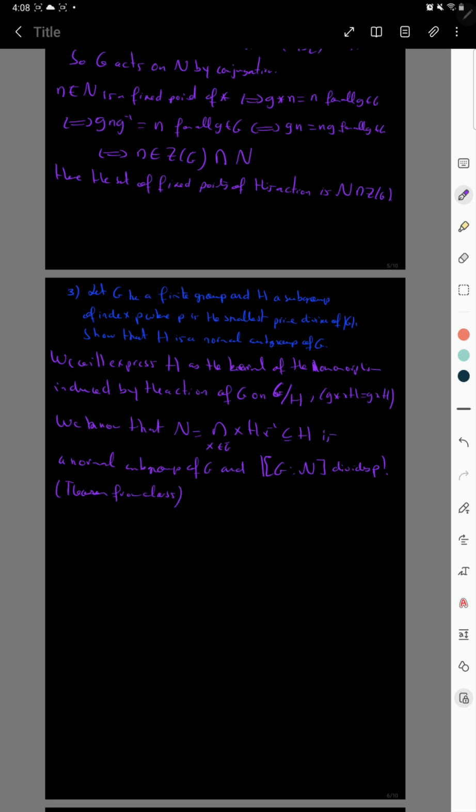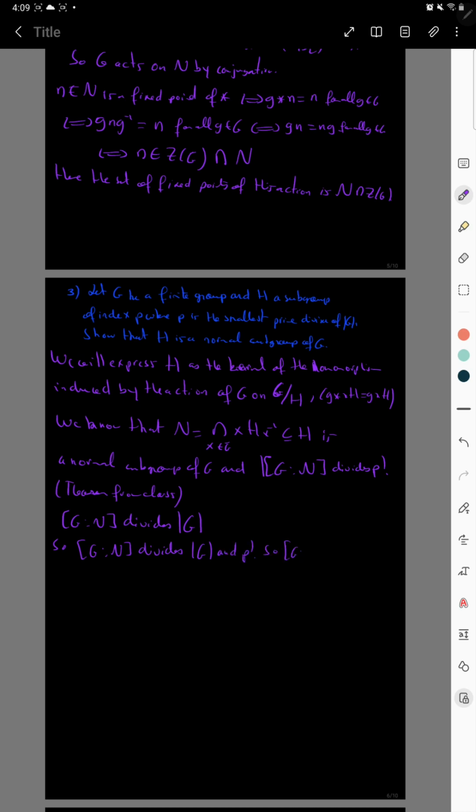Okay, now |G mod N| also divides |G|. So the index of N divides |G| and p factorial.